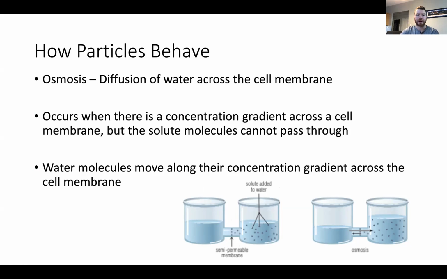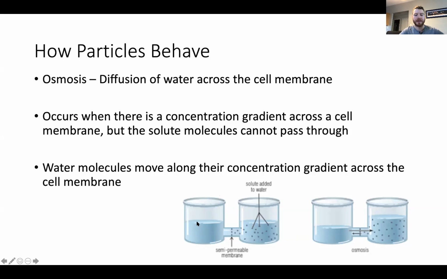This occurs when there's a concentration gradient, so the solute molecules cannot pass through. Sorry, I got those mixed up. If we look at image 1 here, where the levels of water are equal, we note that we have a concentration gradient across this membrane. We have more solute on the right-hand side.